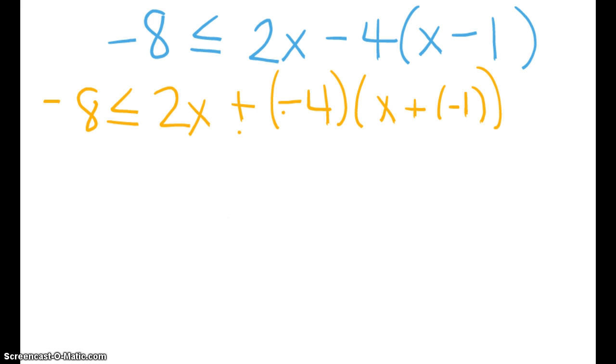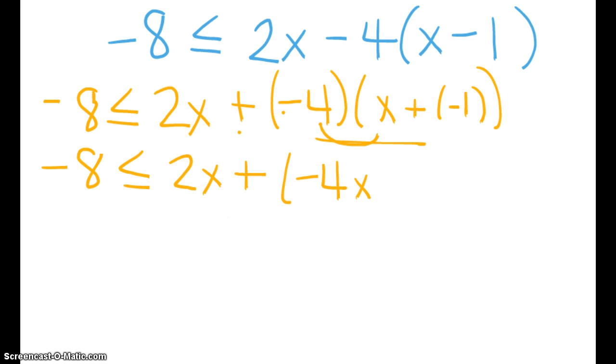Alright, now I'm looking at this and I'm thinking, okay, I need to do my distribution first. So I'm going to do negative 8 less than or equal to 2x plus I'm going to distribute negative 4 to x, so that's going to be negative 4x plus negative 4 times negative 1 is 4.